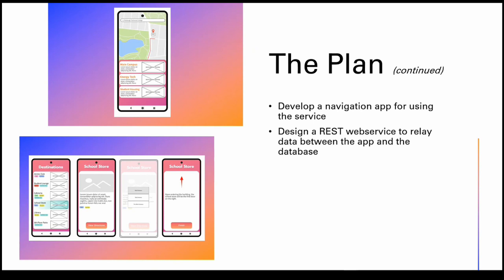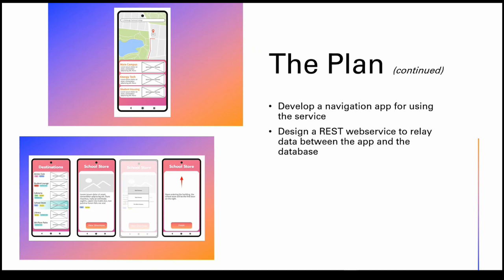In the first page, you have the locations page with a search bar and a map. You can search for the location that you'd like to find a destination within, once again, like Pittsburgh Technical College, and then you get a list of sub-locations within that location, such as the main campus, the energy tech building, or student housing. You can select one of those, and then you can go through a tree of different pages.